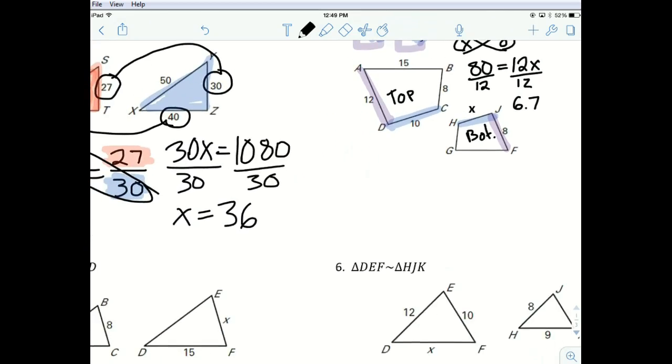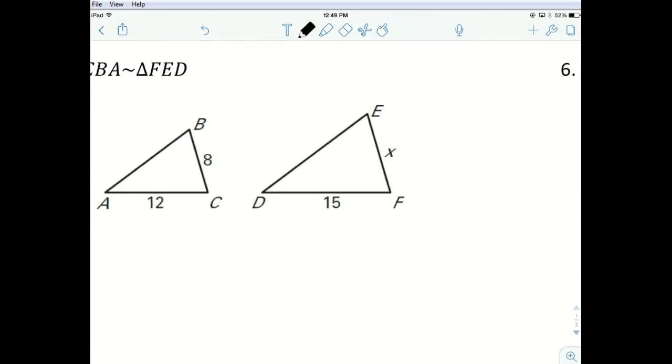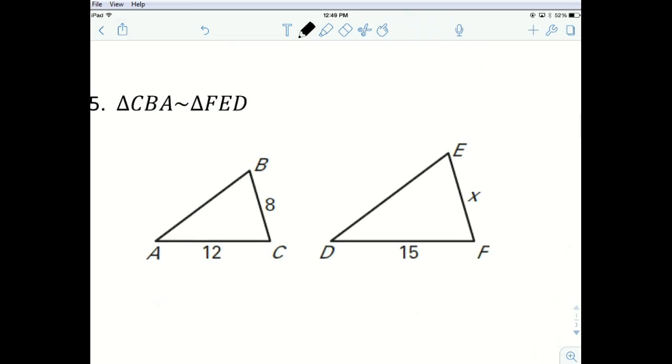Okay, moving on to number 5. I think it looks like this one again. The triangles are in a similar fashion. I'm just going to do a quick double check. Start at C, go up to B, and then over to A. That's the order of this first one. Does that order align with the second one? Well, it starts at F, go up to E, and then down to D. It does appear like those 2 are the same.